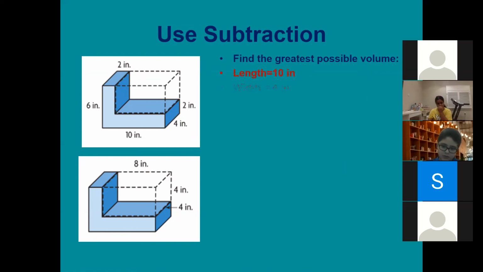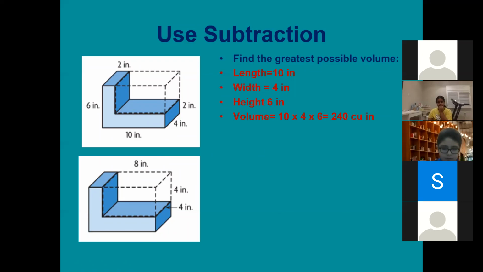So 10 times 4 times 6. What is 10 times 4 times 6? 240 cubic inches. That is the volume of the whole prism.